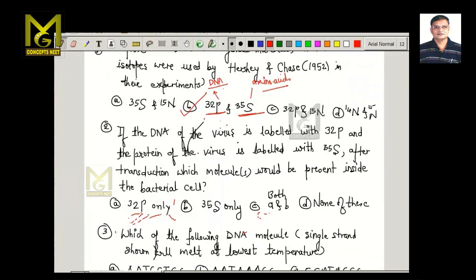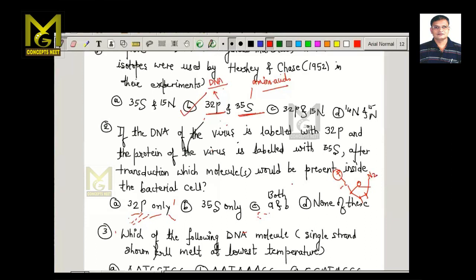If the DNA of the virus is labeled with 32P, that is the isotope, and the protein of the virus labeled with 35S, after transduction, which molecule would be present in the bacterial cell? What does a DNA molecule have? It has a sugar component, a phosphate component, and a nitrogenous base component.